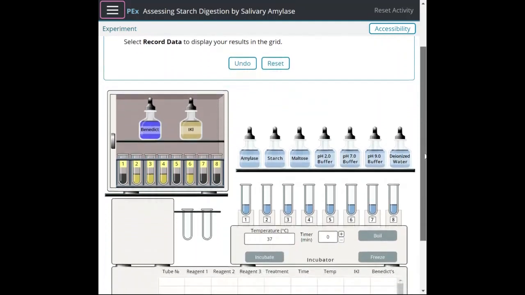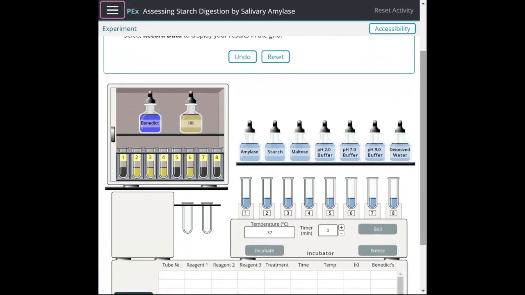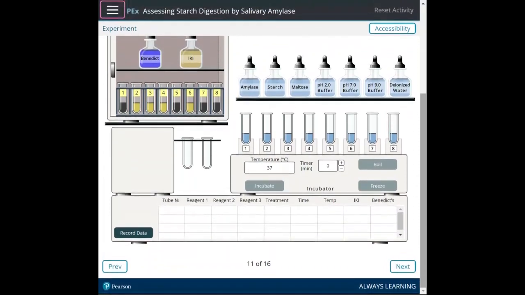So in which tubes do we still have starch? Where do we see the blue-black color? Right? You still see that black color in 1, 5, 7, and 8. You got it. Good job, guys. That nice black color indicates the presence of starch still.